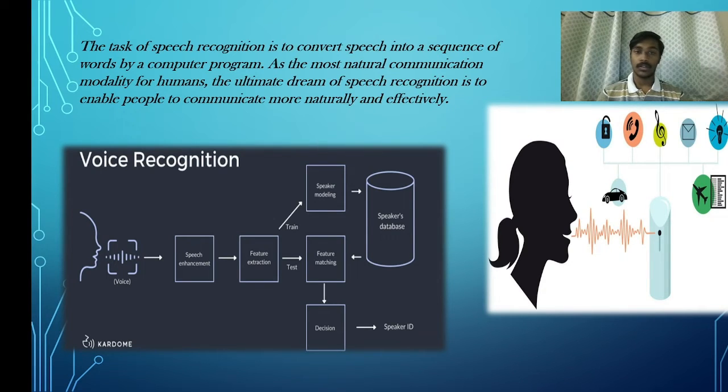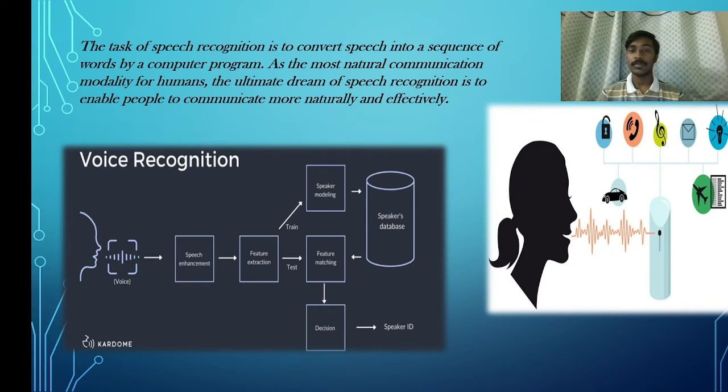Speech recognition, also known as automatic speech recognition (ASR), computer speech recognition or speech to text, is a capability which enables a program to process human speech into written format. While it's commonly confused with voice recognition, speech recognition focuses on the translation of speech from verbal language to written language, as the most natural communication mode for humans.